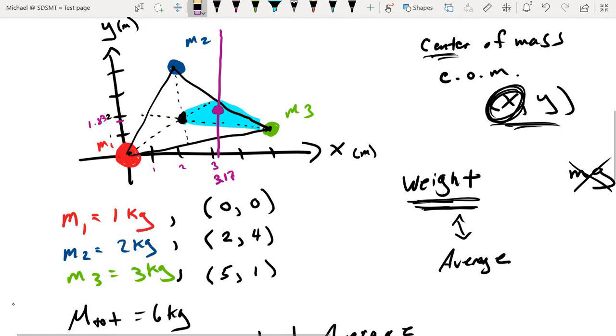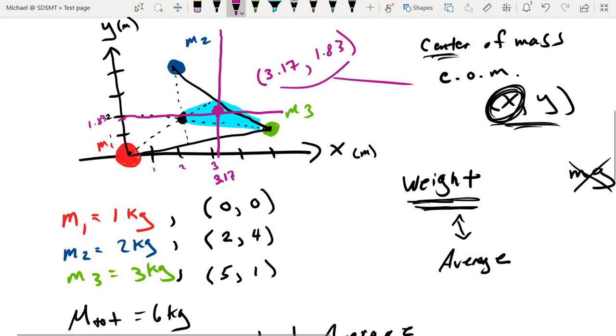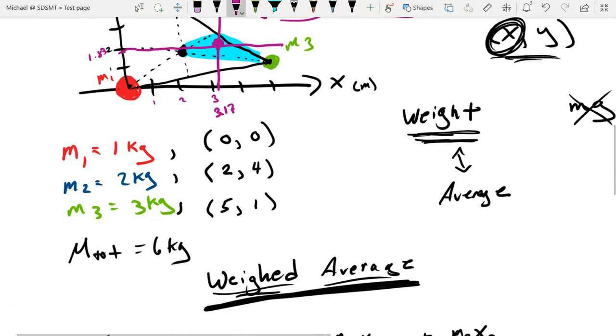Let me redraw that and try to make it look more horizontal if I can. There we go. So we have the location 3.17 comma 1.83 is the center of mass for this system of particles.